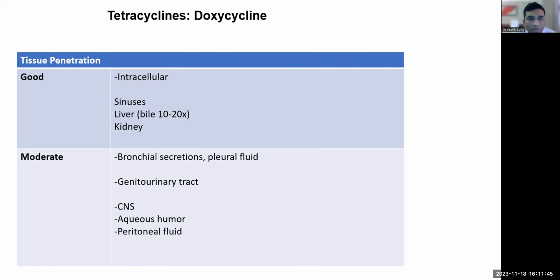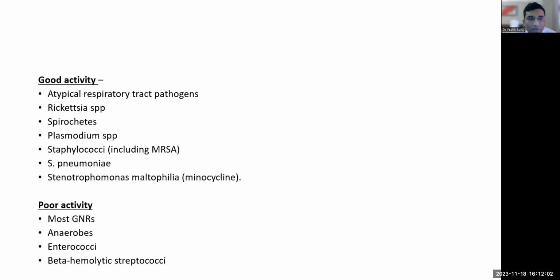So what it covers? Mainly it is targeted at atypical respiratory pathogens, Rickettsia, spirochetes, Plasmodium. We know that it is used as a second line agent along with artesunate. Staphylococcus aureus, a very good drug in oral step down therapy for MRSA infection. Strep pneumoniae, as I said, as macrolide resistance is rising, so doxy is one of the emerging options.